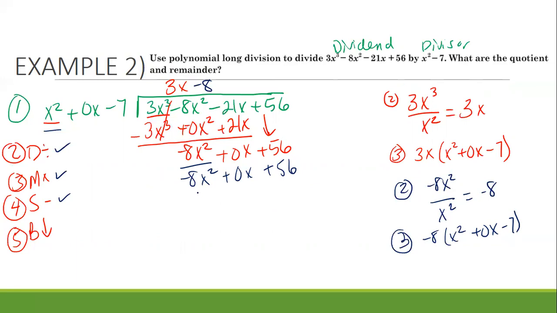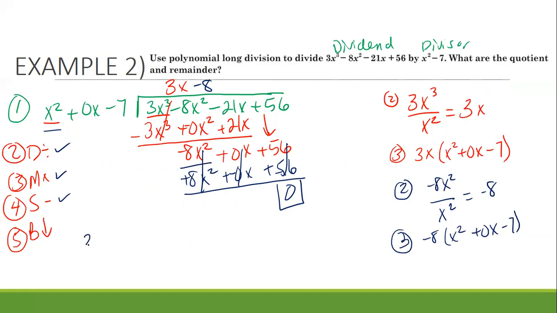Step 4 is to subtract. Subtraction just means I'm changing the signs. And 56 minus 56 is 0. So I have no remainder. When this happens, what that means is that 3x minus 8 and x squared minus 7 are factors.